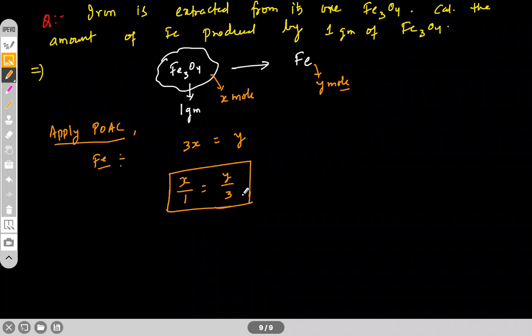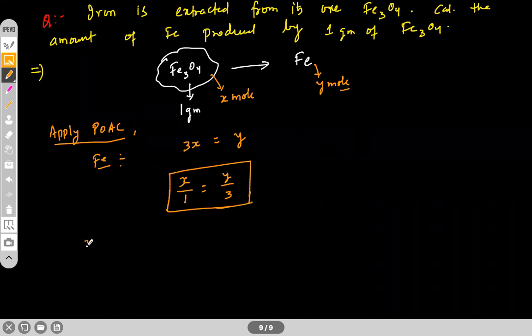And that is what we do when we have a balanced chemical reaction. This mole of this gives this moles of this. So with POAC, we get this idea only. So since the mass of Fe3O4 is given, we can find out the number of moles.